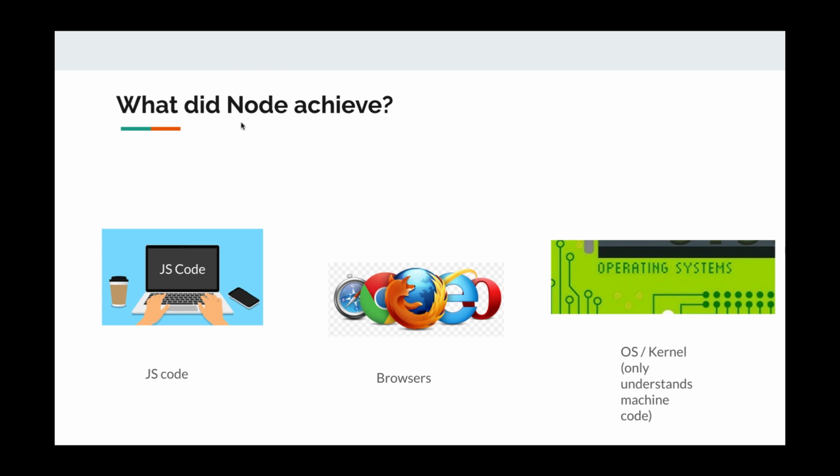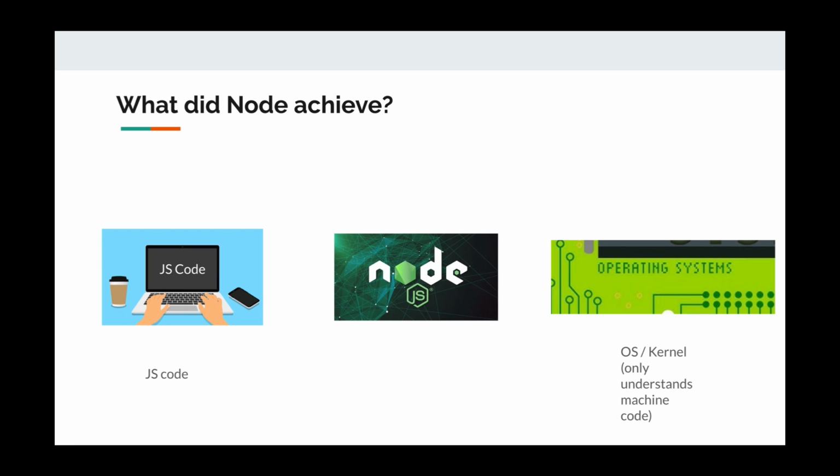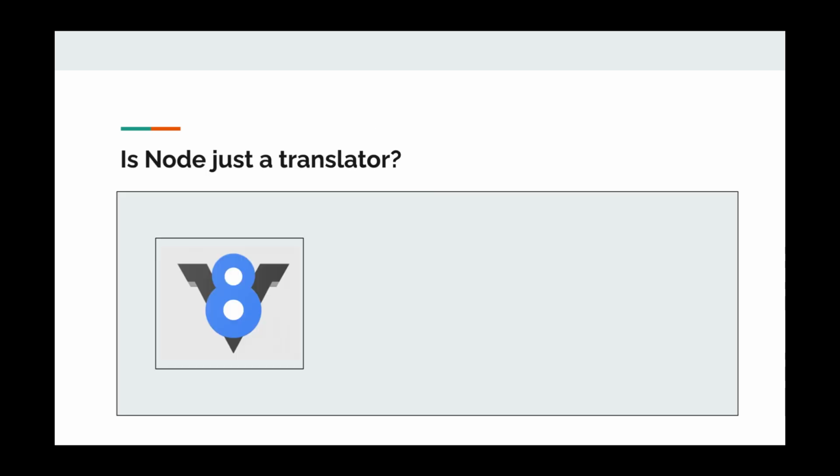Now that Node is a runtime on its own, Node provided this magic. We don't need browsers to run JavaScript code. You just write JavaScript code anywhere and have Node installed, and Node will be able to run your JavaScript code, sending information to the OS in the language that it understands. So that's the primary achievement of Node.